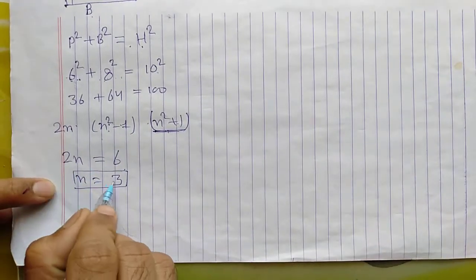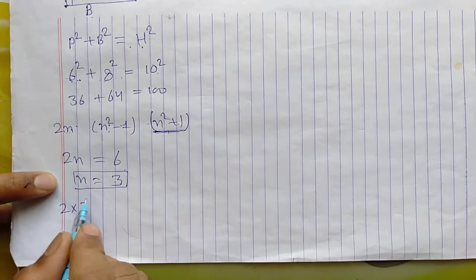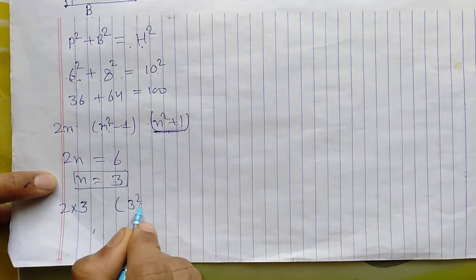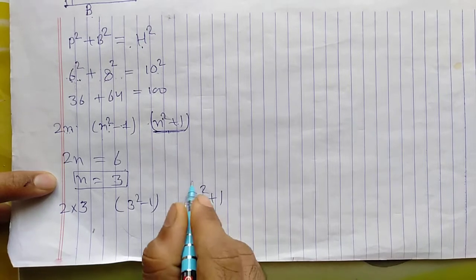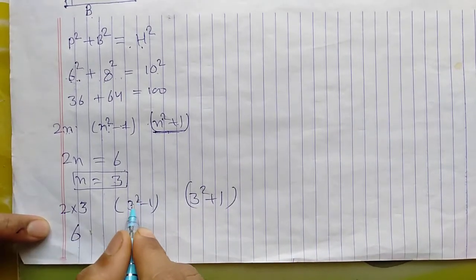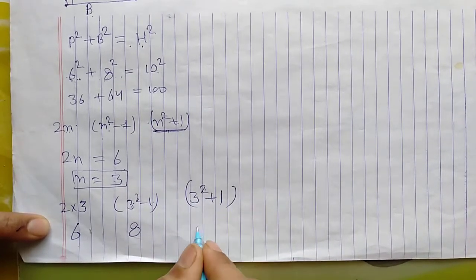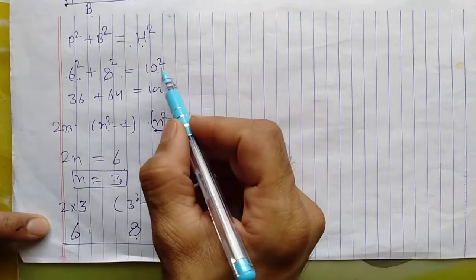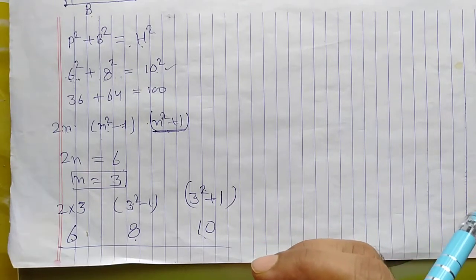So 2 multiplied by 3, and here put the value of n, 3 square minus 1, and here also 3 square plus 1. 2 threes are 6, 3 threes are 9, 9 minus 1 equals 8, 3 threes are 9, 9 plus 1 equals 10. 6, 8 and 10. See, this is the same as before. This is a Pythagorean triplet, so we can use this.